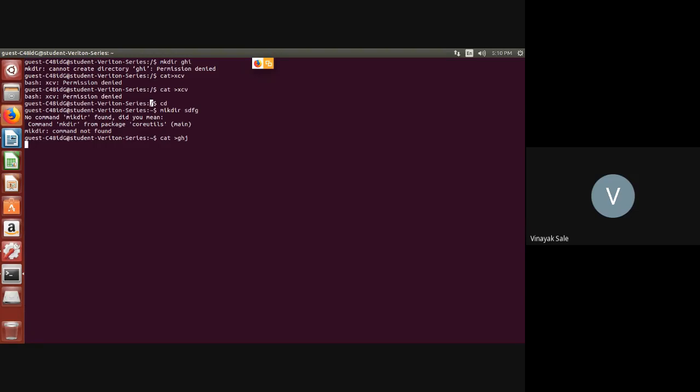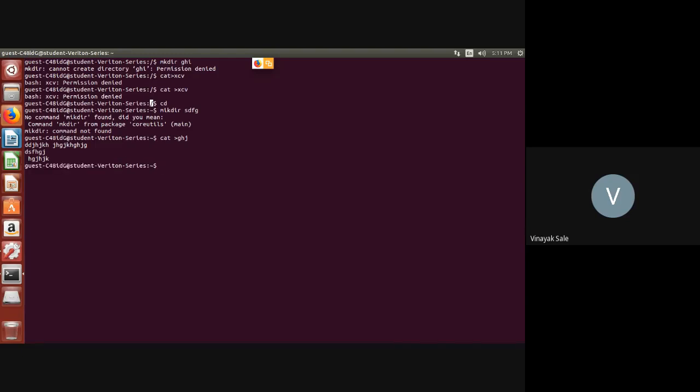Suppose I have typed the contents like this, and I want to log out from this file. Press Control D, Control D, to leave the file.